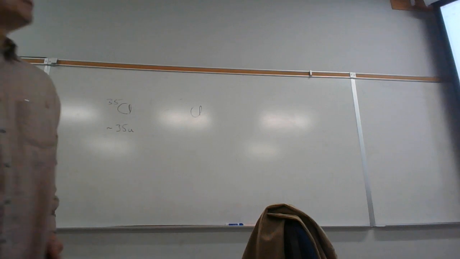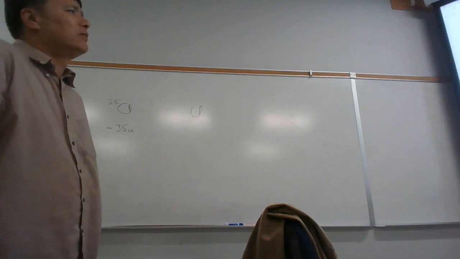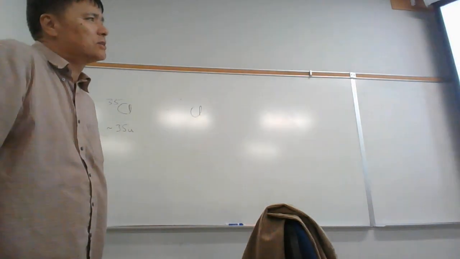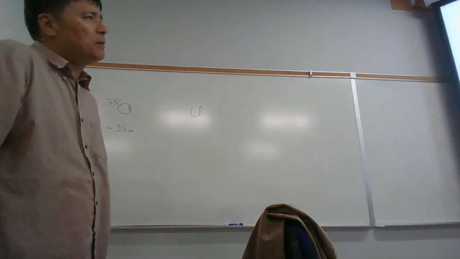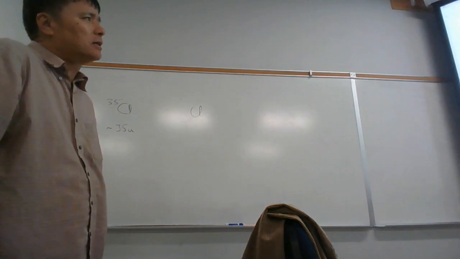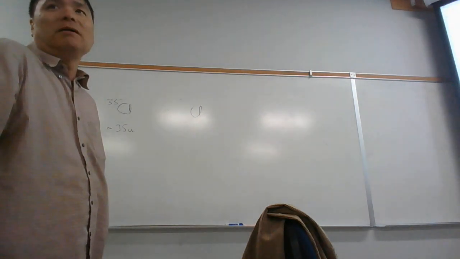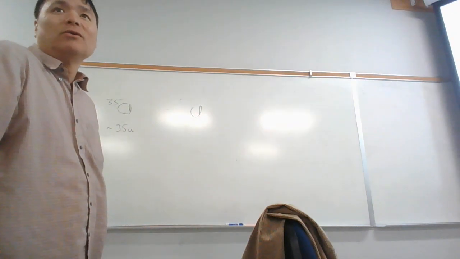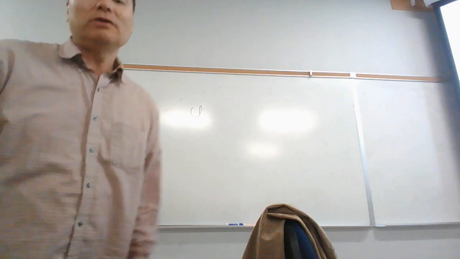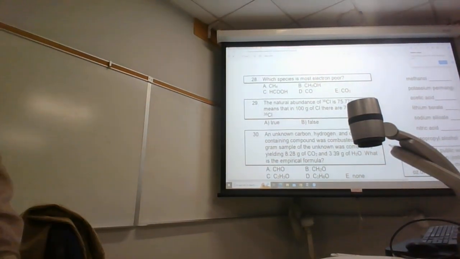Oh, wait a minute. You don't need that. I'm not asking you to do any calculations. This problem is asking if the percent is a mass percent or a number or mole percent. You should know in the mass spectrometer, is it a mass percent or a mole percent?